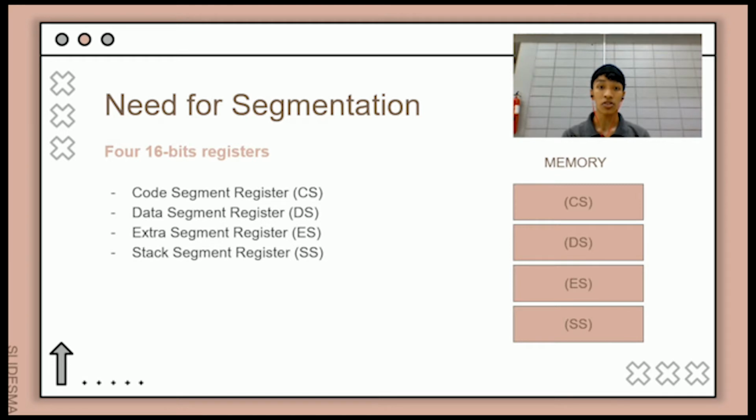Extra segment register also refers to a segment in the memory, which is another data segment. Stack segment register is used for addressing the stack segment of the memory. The stack segment is a segment of memory which is used to store stack data.